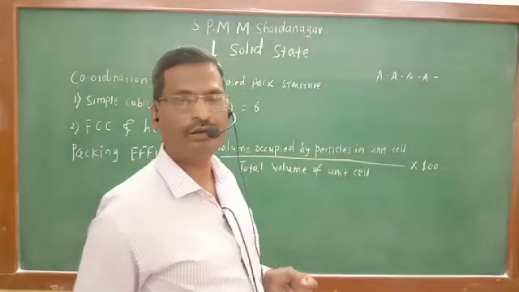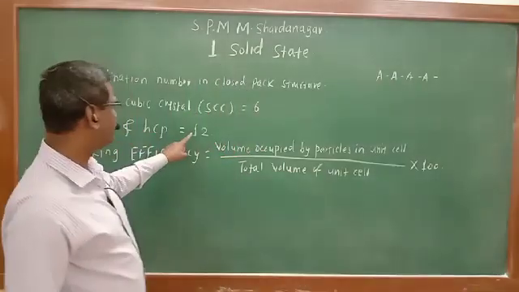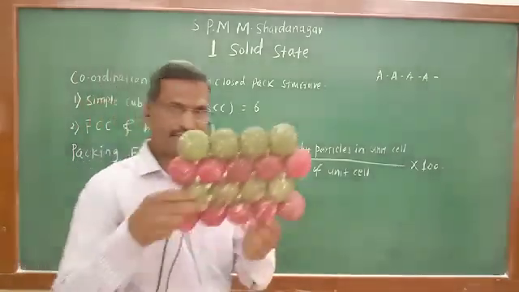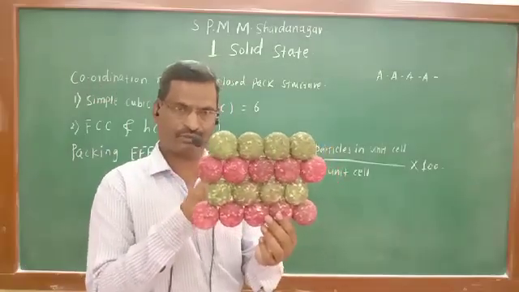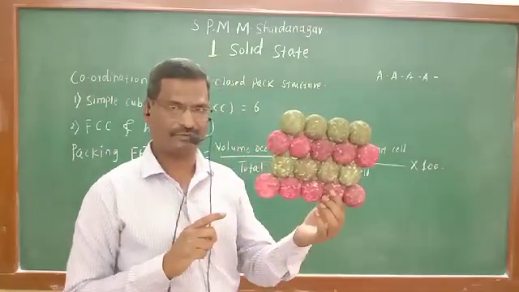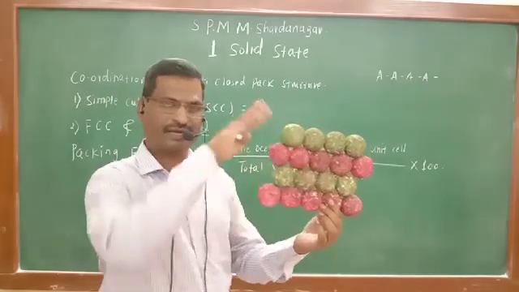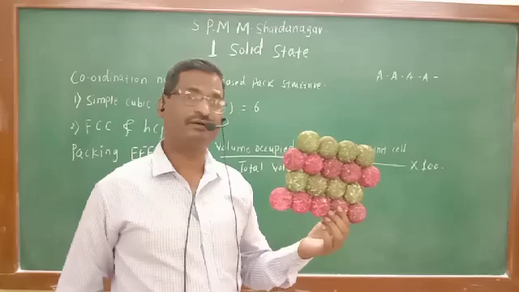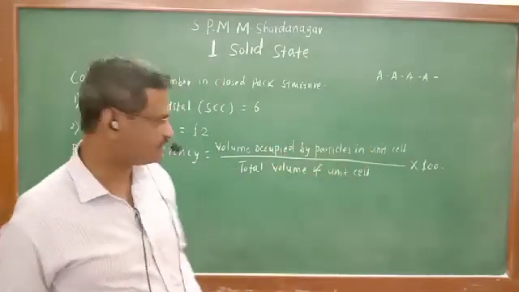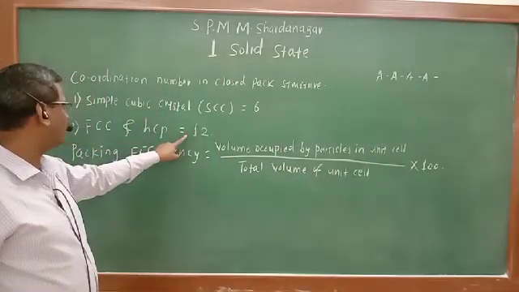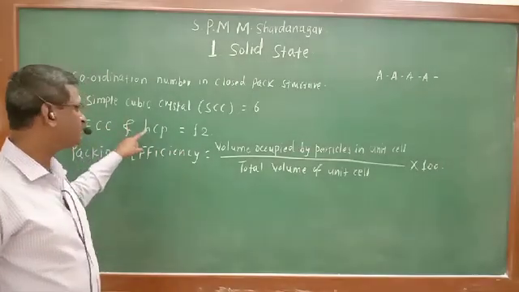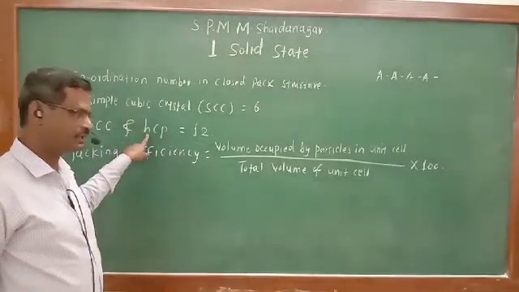Therefore, in all, the coordination number becomes 12, because 6 is in the layer itself, plus 3 from the front and 3 from the back. So the coordination number is 12 in FCC, face-centered cubic crystal, as well as in the hexagonal close packed structure.